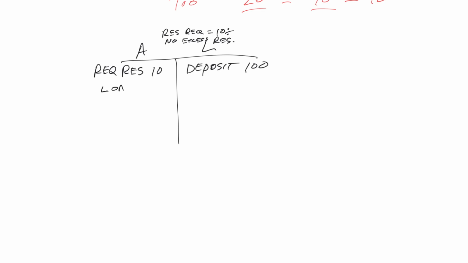They're going to loan out the rest, 90. So it still balances, right? 10 plus 90 equals 100. So we're good. Again, they're holding no excess reserves. The requirement's 10%. They have to keep 10% of this deposit on reserve there at the bank, and they're going to lend out 90.